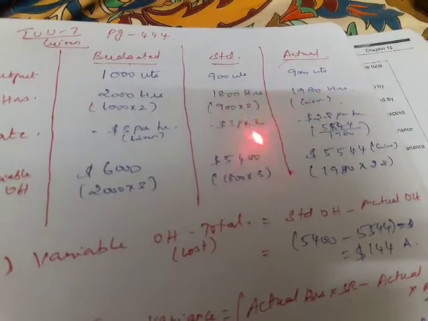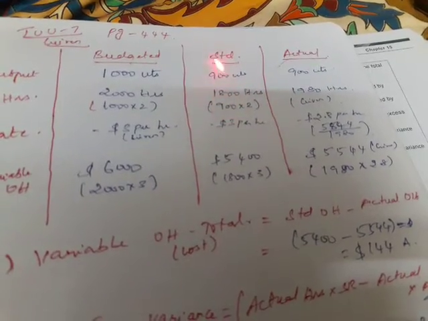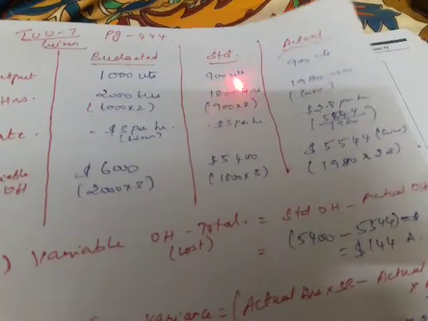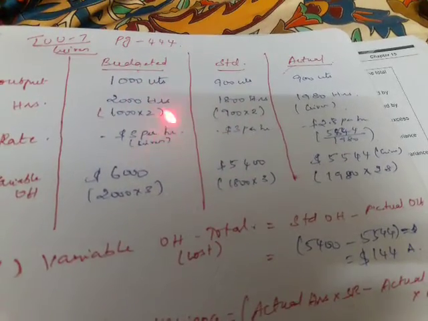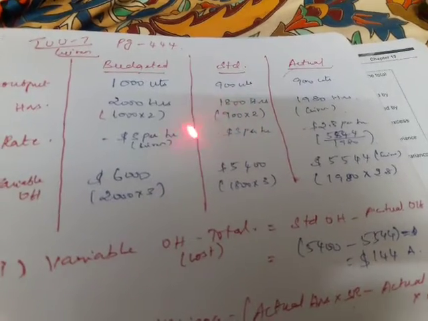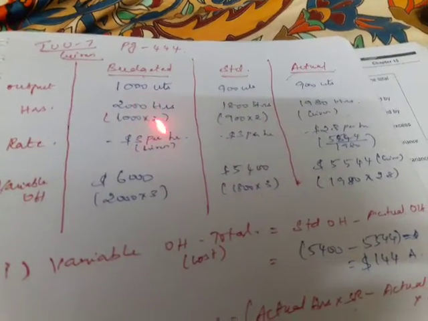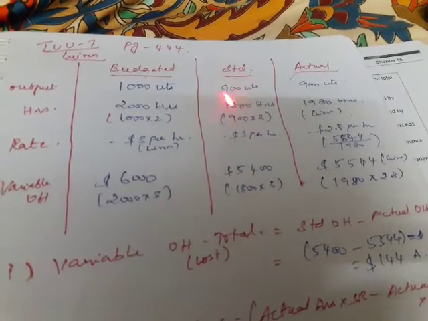What is the standard hour? Actual is given, budgeted is given. What is the standard? Standard is the standard output for your budgeted hours. What is the budgeted hour for 1 unit? 2 hours. 2 hours per unit for standard output.